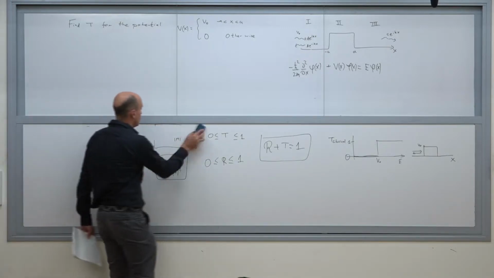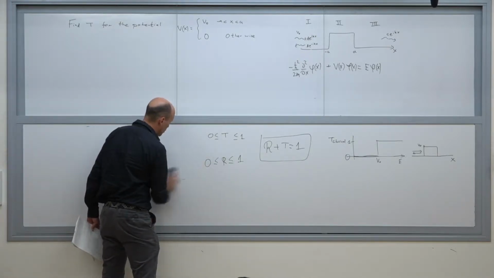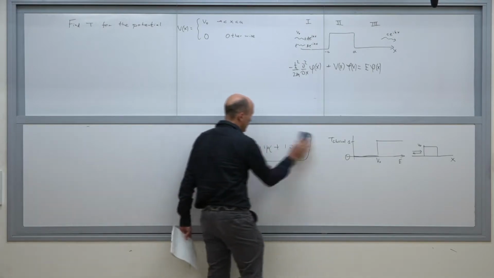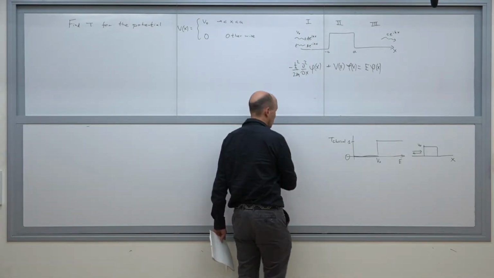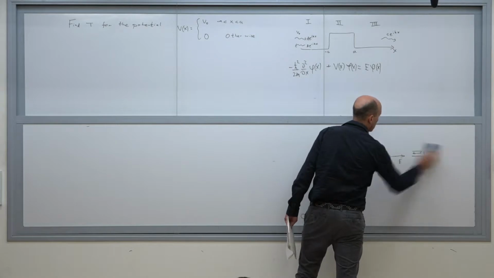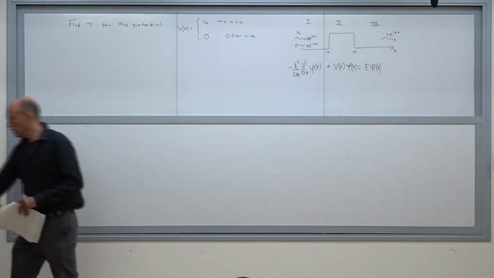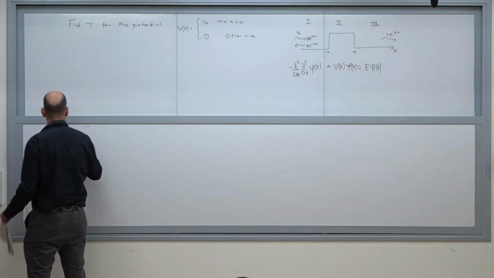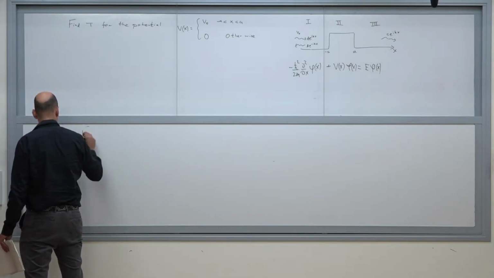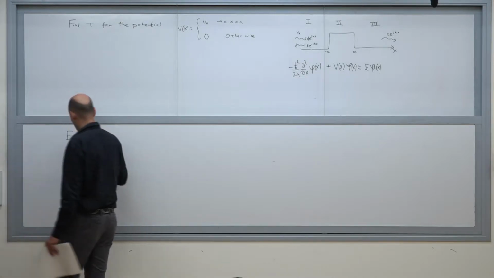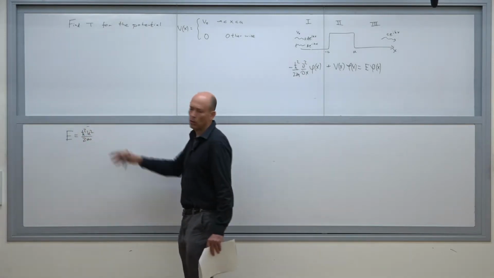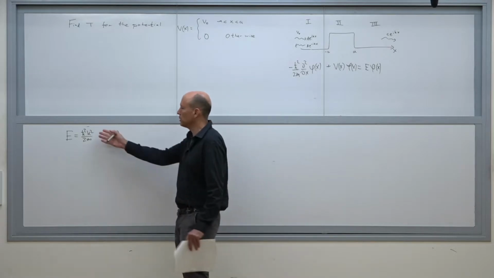All the regions are trivial, but 2 of them are in particular trivial. So, if I set E equal h bar squared k squared over 2m, which is simply momentum squared over 2m, that's simply the de Broglie relation.